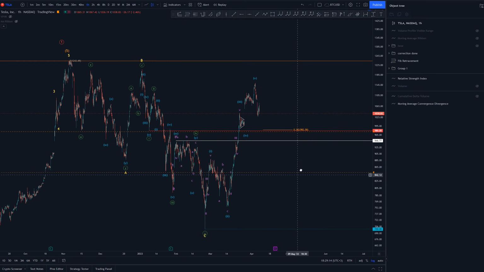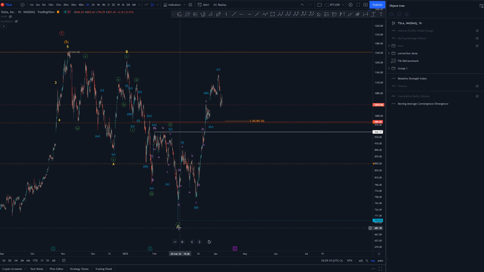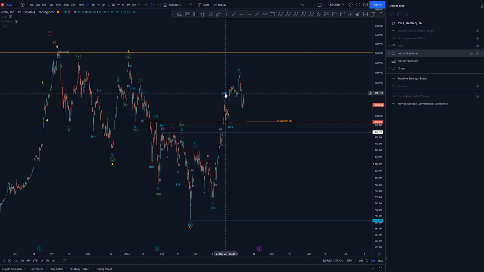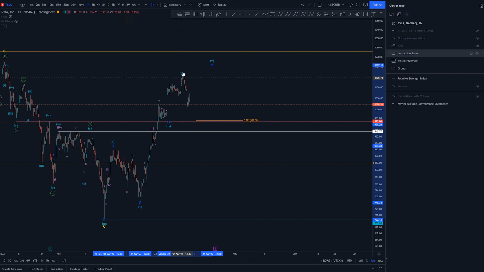So here's one possibility. This is suggesting that we've done the correction that we needed and now we're heading higher. Whether this is wave 3 and this is wave 4 with this triangle pattern creating a really small one here, or this is actually the third one and we're creating some sort of pull down to around the 382 retracement area around 980.